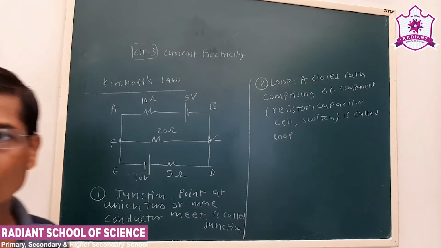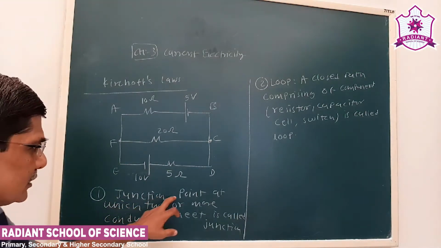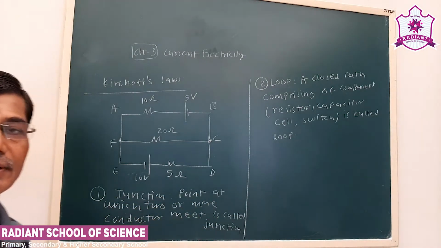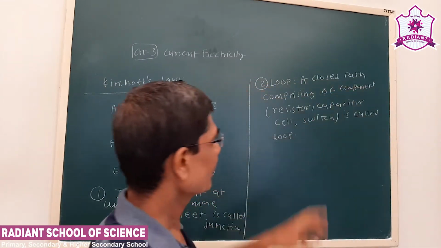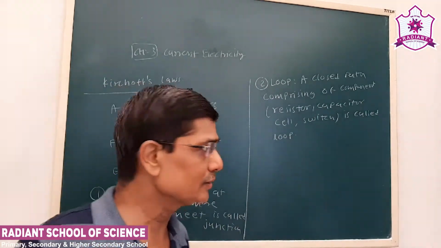So these are the two very important terms. A junction is a point at which two or more conductors meet, and a closed path comprising of components, resistor, capacitor, cell or switch is called a loop.